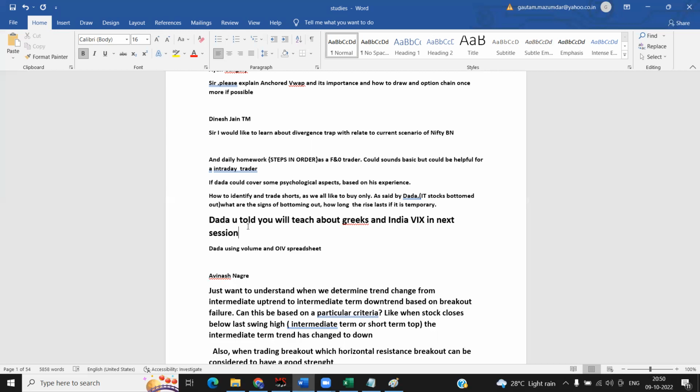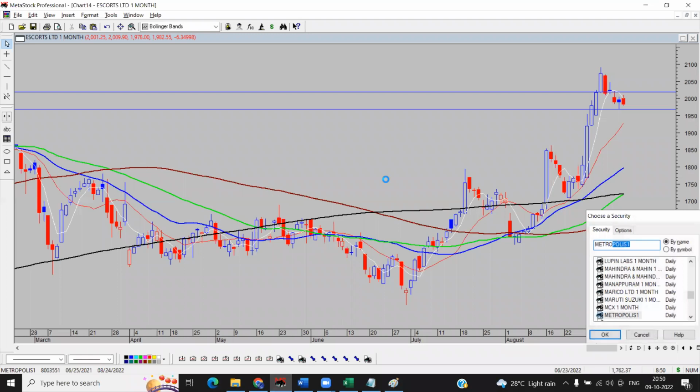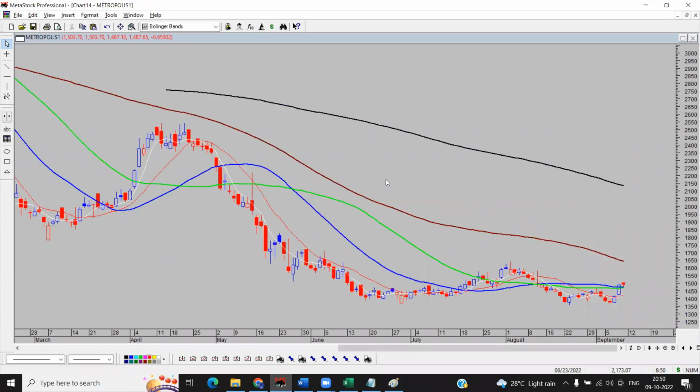So that was one reason for asking about it. And Metropolis was also looking like a breakout. You advised me to avoid it, but it's a breakout, so whether to stay in it for some time or how is it looking, sir?